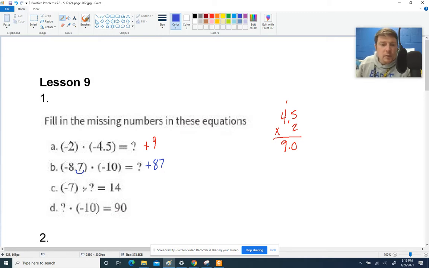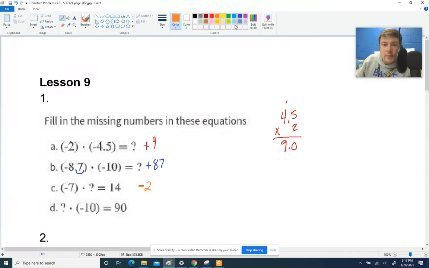All right, moving on to the last ones here. We're thinking, what number can we multiply by -7 to get us a 14? Well, for that product to be positive, the question mark is going to have to be a negative number because a negative times a negative is a positive. And we got to think of a number times 7 that equals 14, and that's clearly 2.